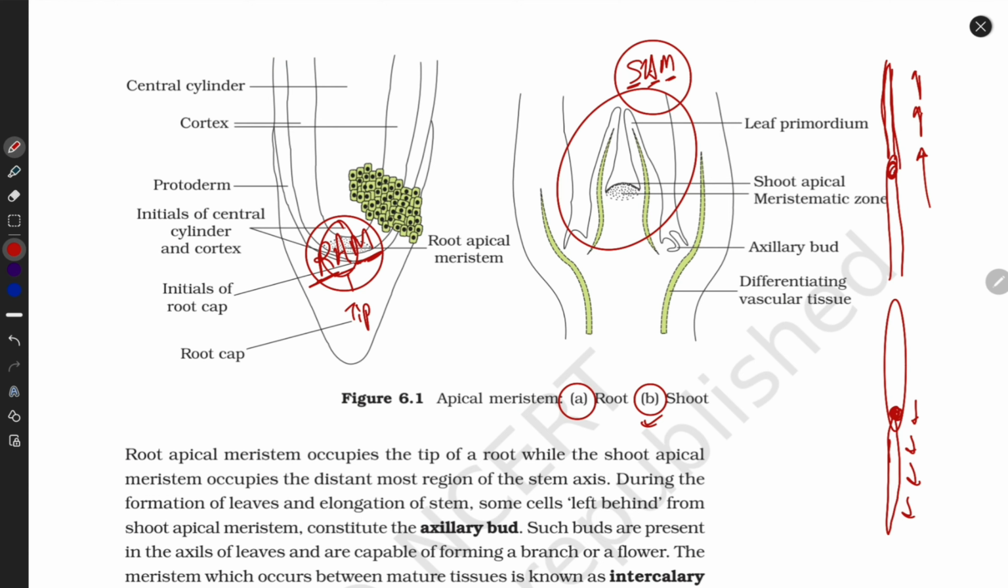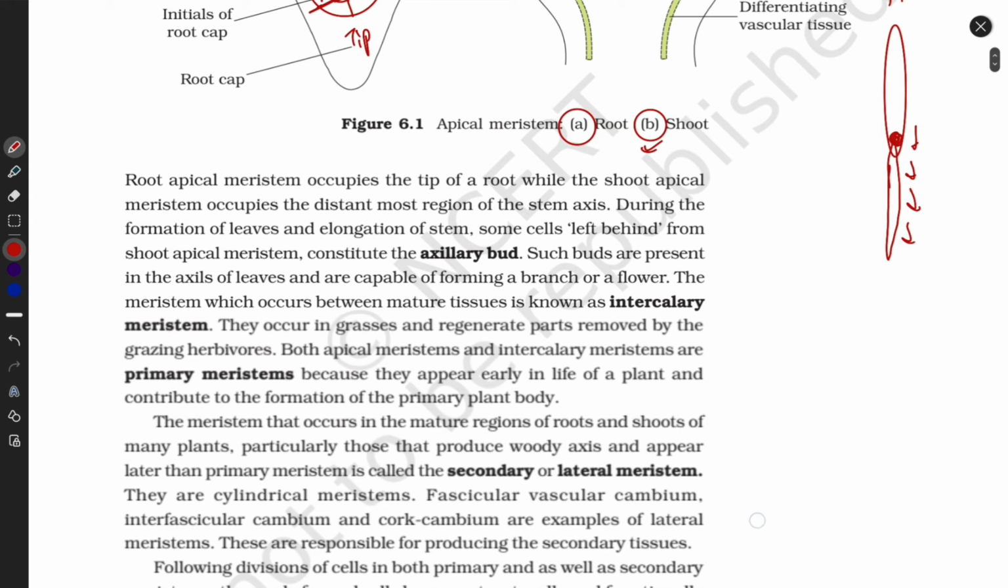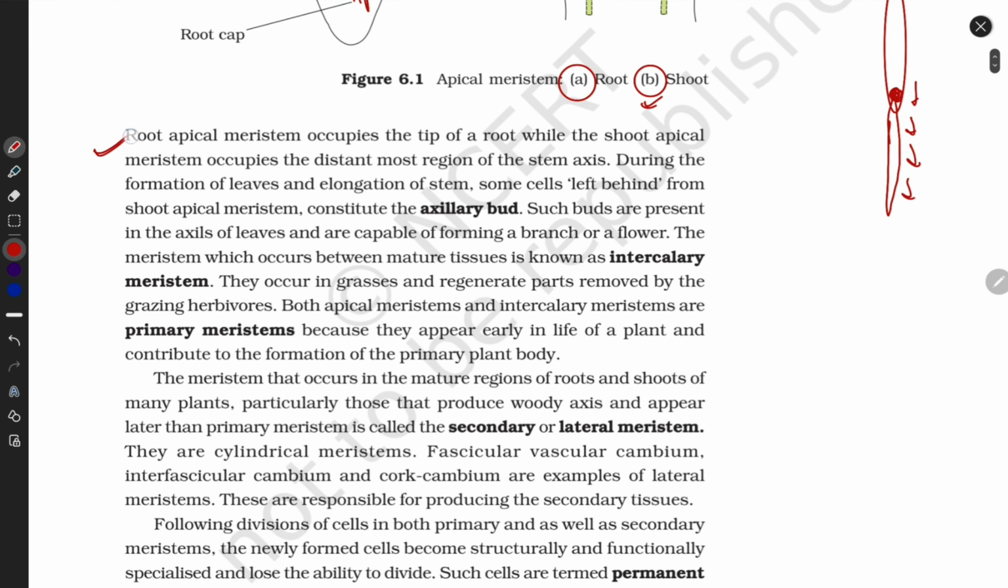Now let's discuss the root apical meristem, which occupies the tip of the root. At stage 1, this is the size. Here is the root apical meristem. Now after some days, look at here. Growth is increased or not? Yes, na?